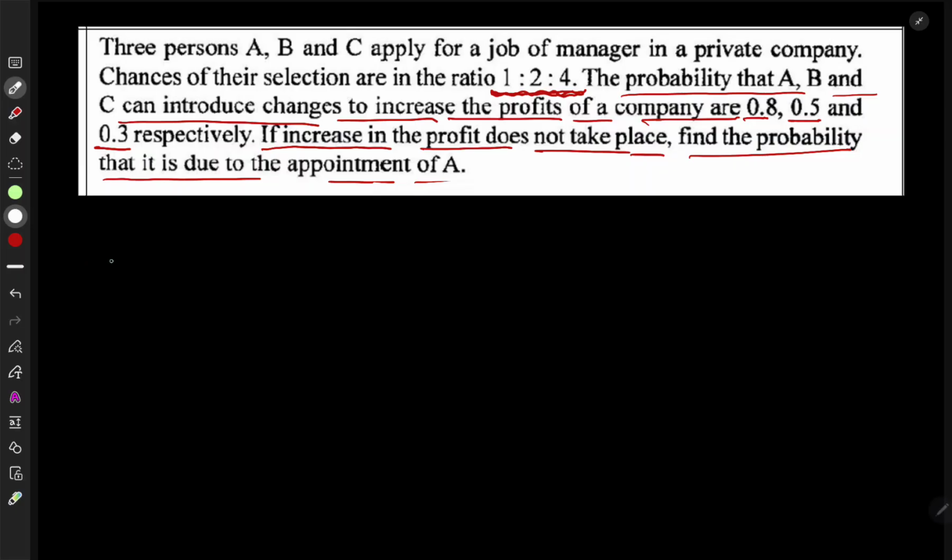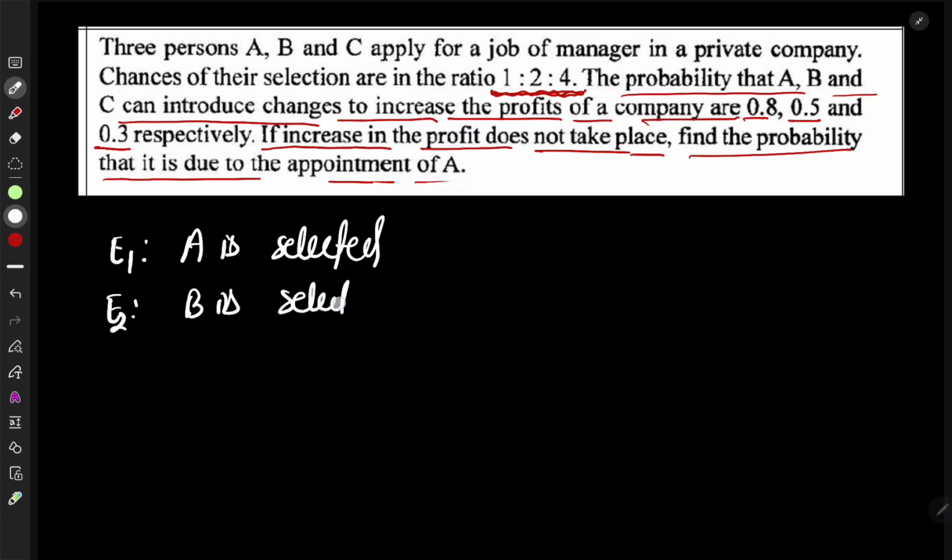So you need to write all the story. E1 you will say: let the selected person be A, the event that A is selected. E2: B is selected. E3: C is selected.